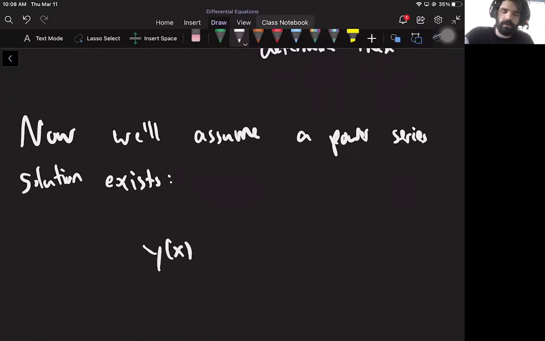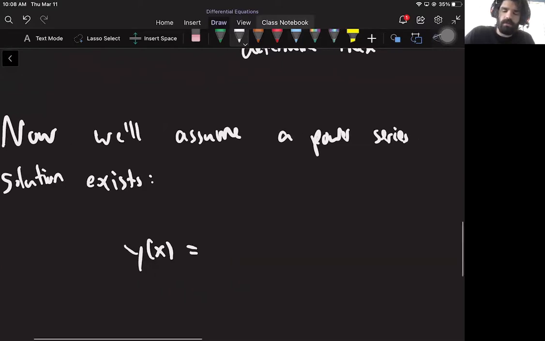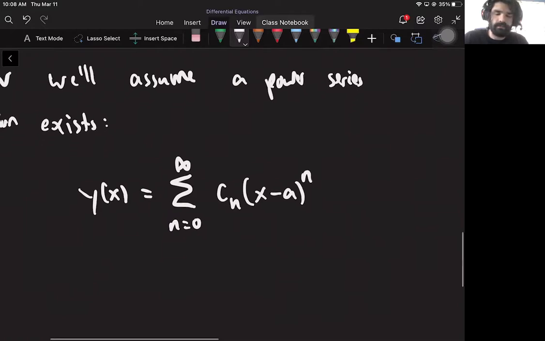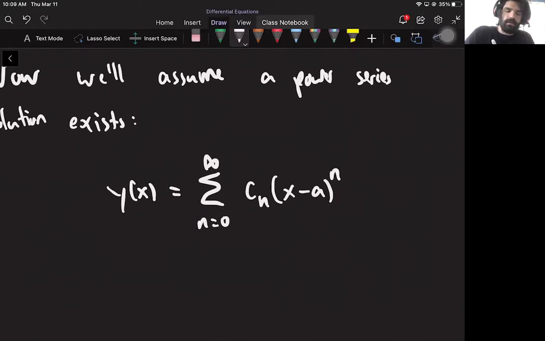We'll call it y of x or f of x, whatever you want. And we'll assume that you can write it as a power series, meaning you can write it as an infinite sum, like an infinite polynomial where there's some coefficients on each power of x, and you can center that at a, and that's what this is saying. So a power series is an infinite series of this form.